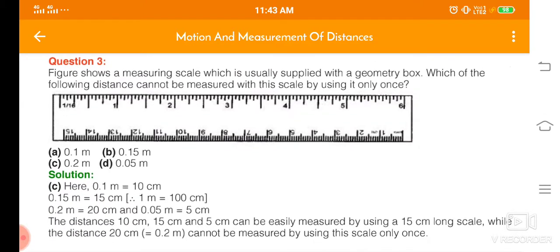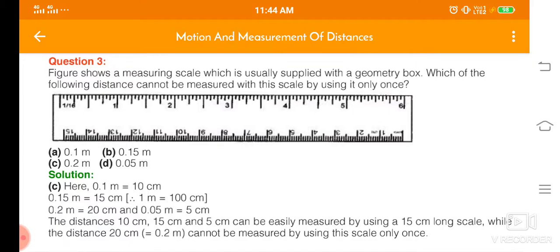Answer is option C, 0.2 meter, because 0.1 meter equals 10 centimeter, 0.15 meter equals 15 centimeter, since 1 meter equals 100 centimeter, 0.2 meter equals 20 centimeter and 0.05 meter equals 5 centimeter.